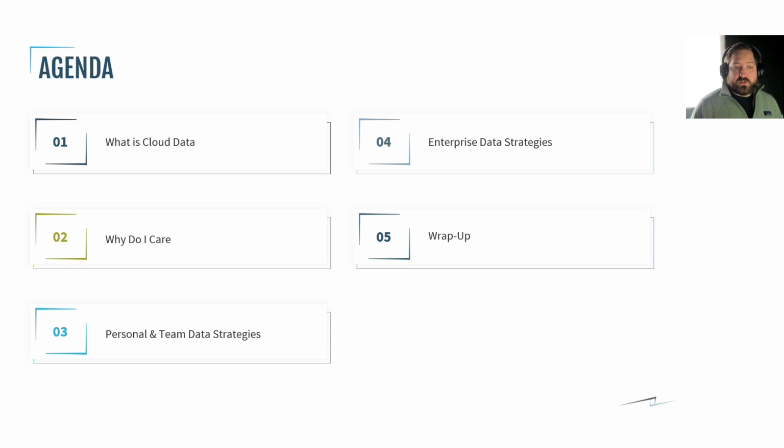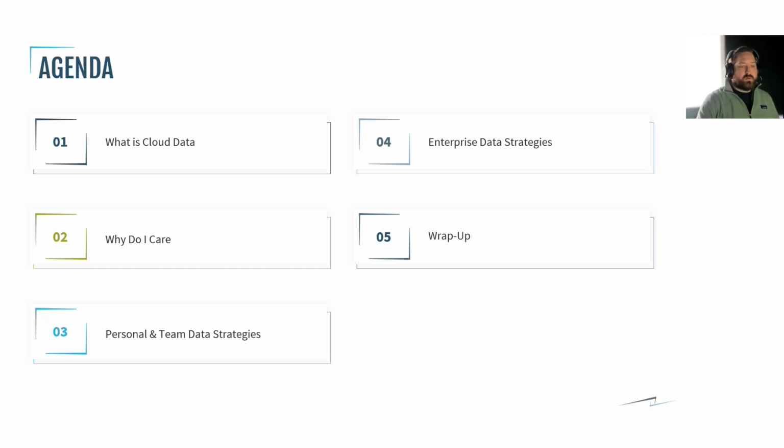Then we'll get into both personal and team data strategies as well as enterprise data strategies. They're different tools, they're different strategies, there are different approaches to both of them. So I wanted to separate those out and talk about them individually, as well as some of the Microsoft tools that can help you with those things, as well as general strategies to manage personal, team, and enterprise data. Then we'll wrap up here.